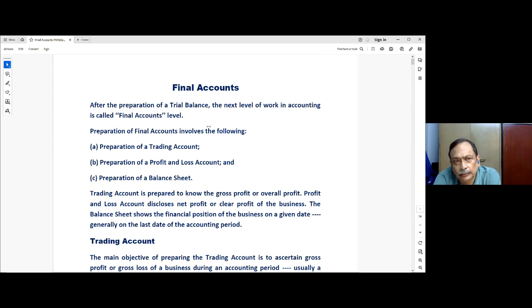Now, as you know, after the preparation of a trial balance, the next level of work in accounting is called final accounts.